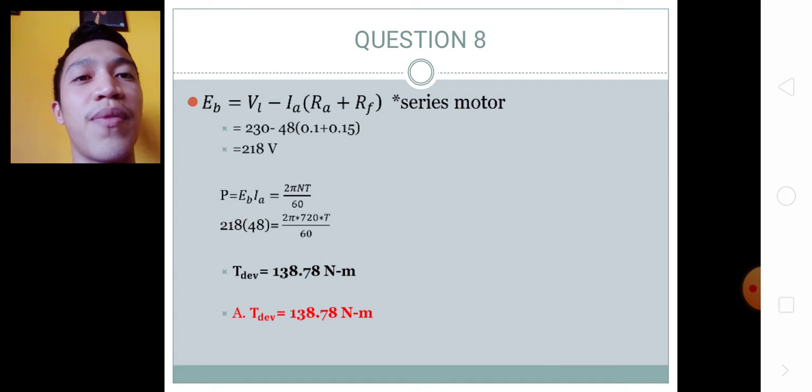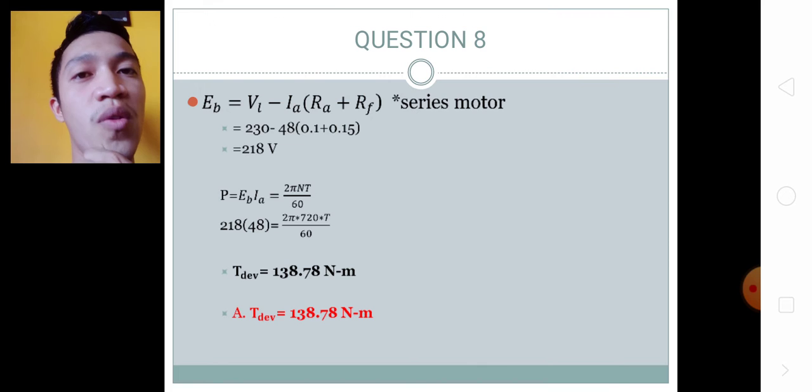So, we have E equals VL minus the armature current times the quantity of the armature resistance and the field resistance. That only applies to a series motor.